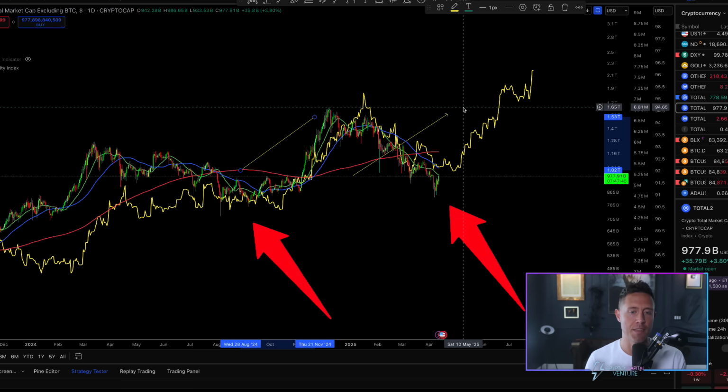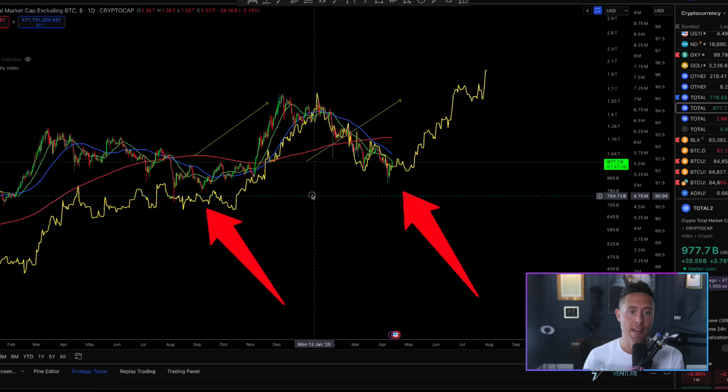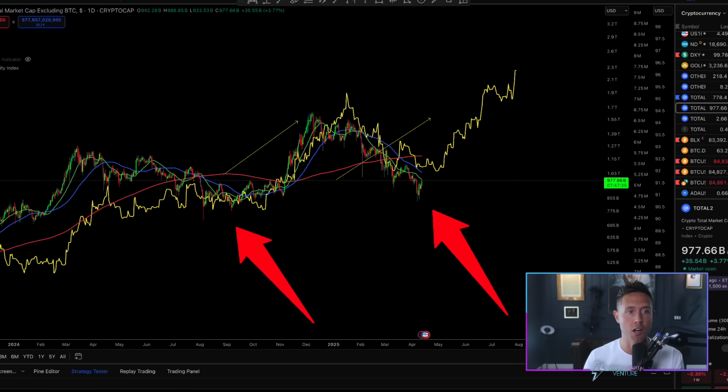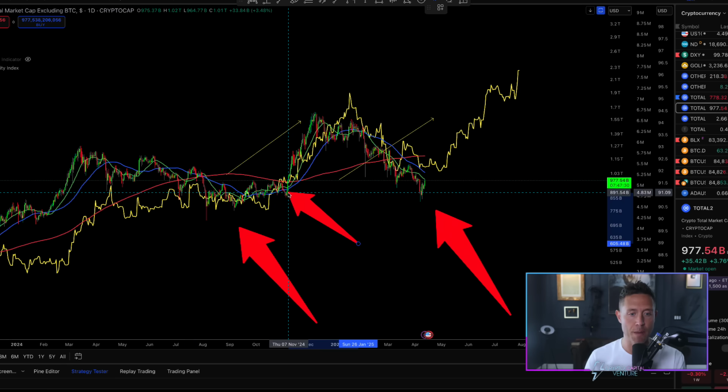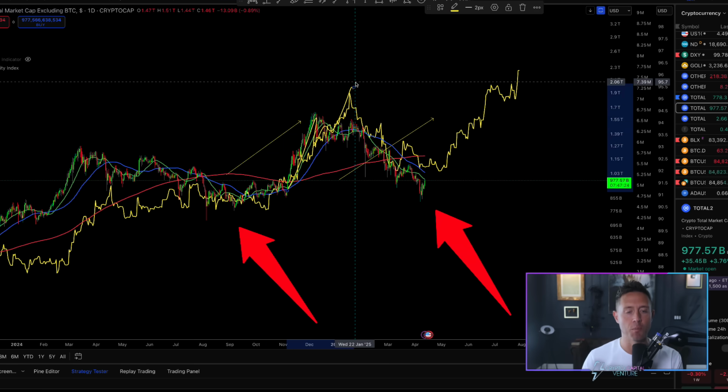And here's where things, I think, become exciting for altcoin holders, because this is, I think, the move that we've been waiting for. If you look at the chart back here, in basically November, we got that breakout. We thought that was the beginning of the altcoin bull market.